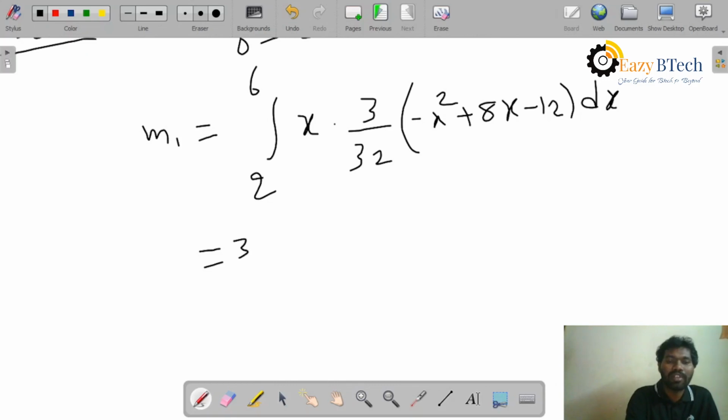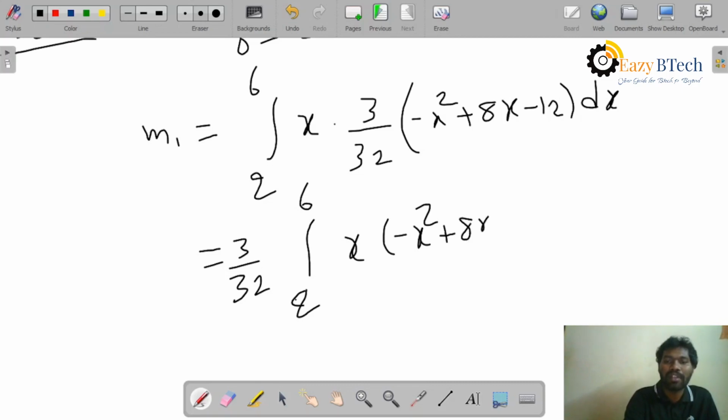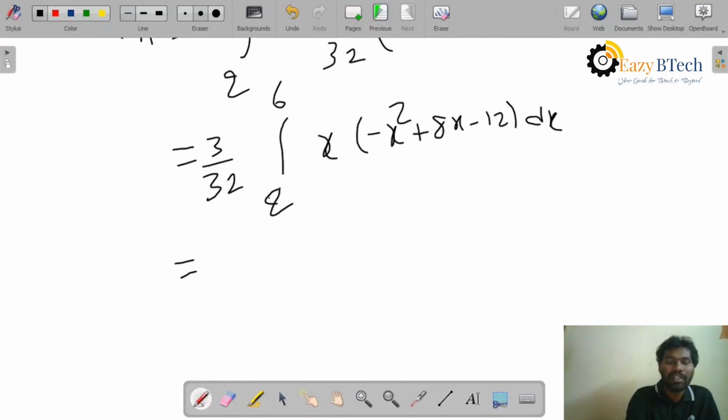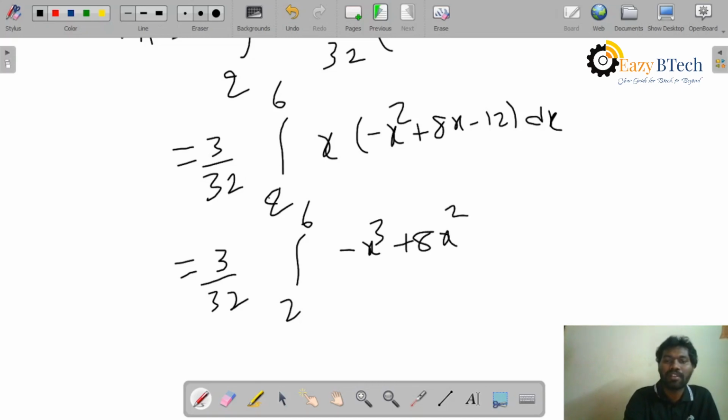So take out 3 by 32 common. Then it becomes 3 by 32, integral 2 to 6, x into minus x square plus 8x minus 12 dx. So now see, 3 by 32 integral 2 to 6 of minus x cube plus 8x square minus 12x into dx.